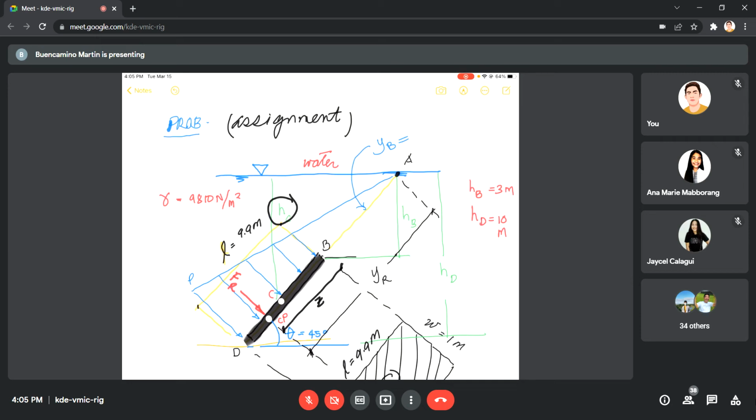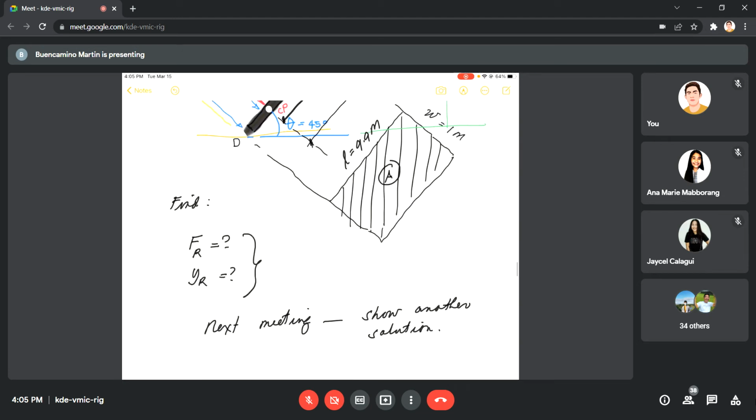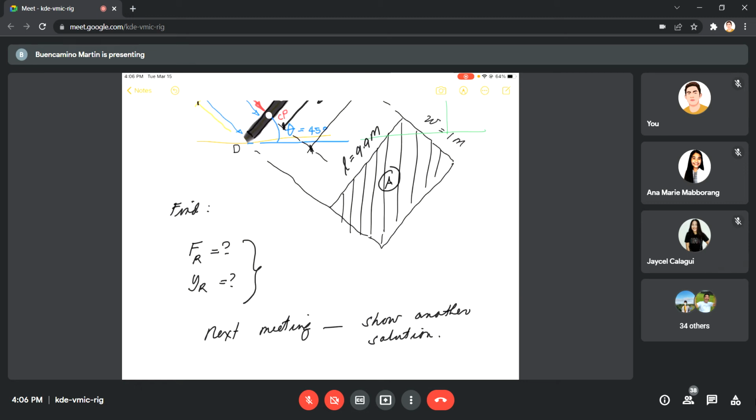And this is water. Gamma of water is 9810 Newton per cubic meter. And it's a free surface. Just to say, we're going to solve for F sub R and Y sub R.